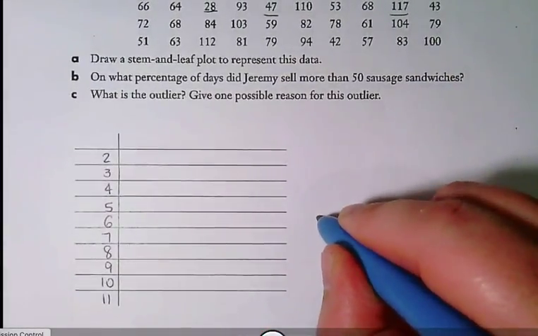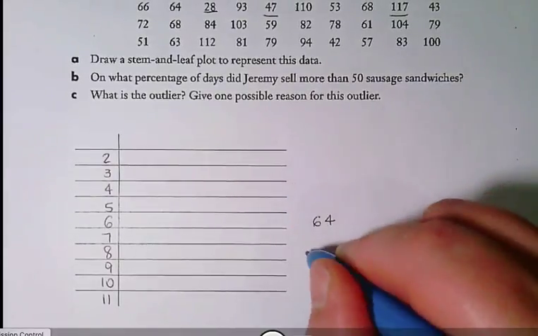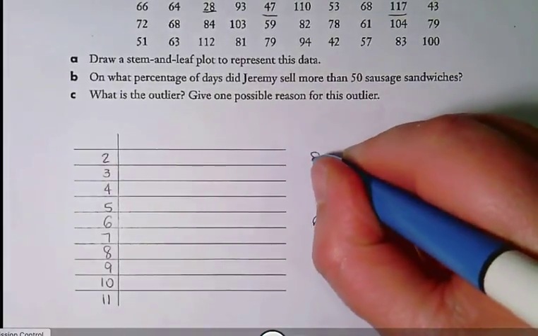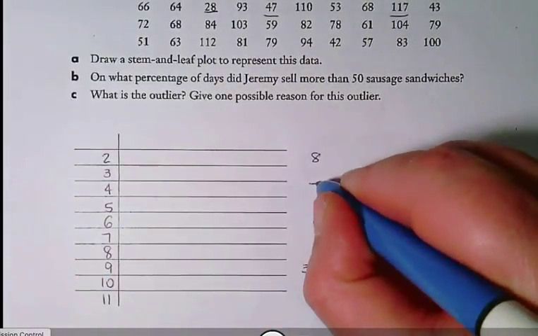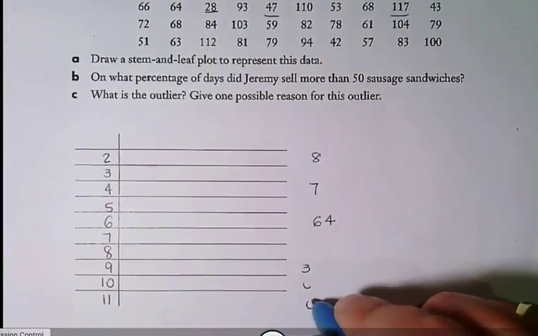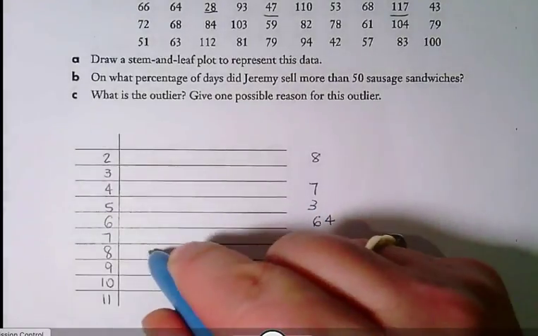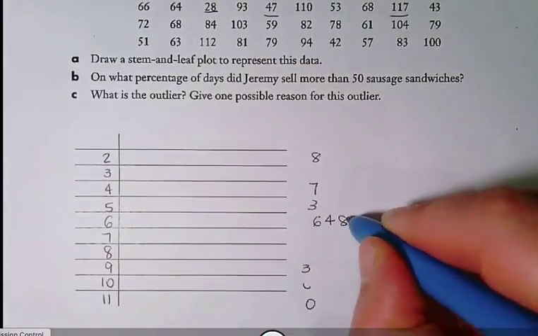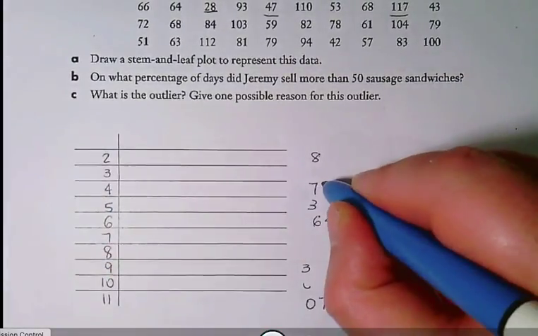So we've got 66. I'm just going to put that here, and then we've got 64 and 28, 93, 47, 110. Oops, that's 110, so it goes here. 53, 68, 117, 43.